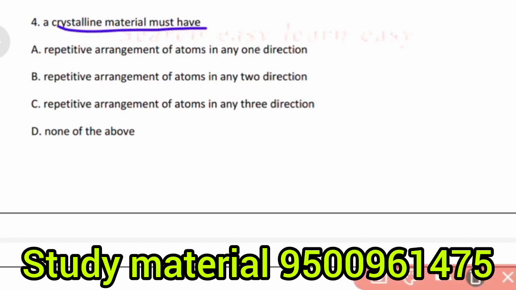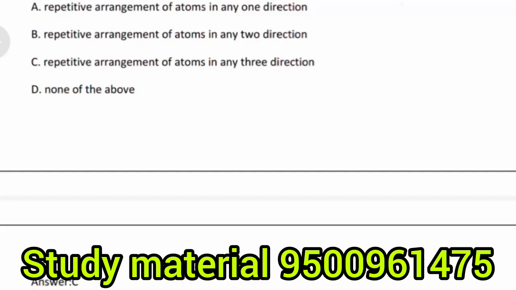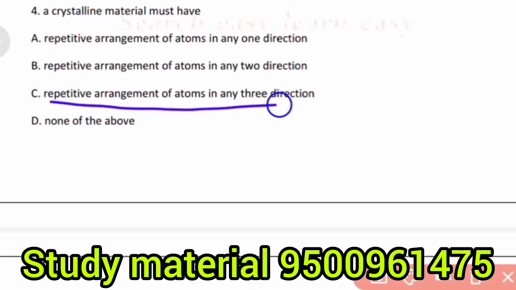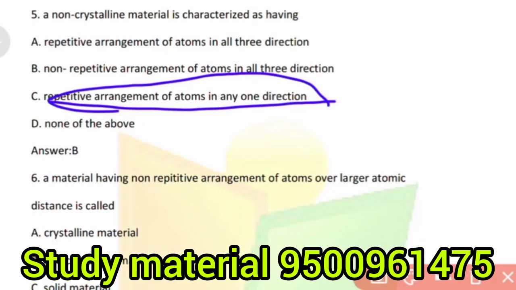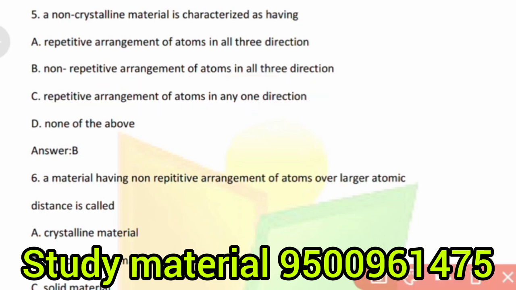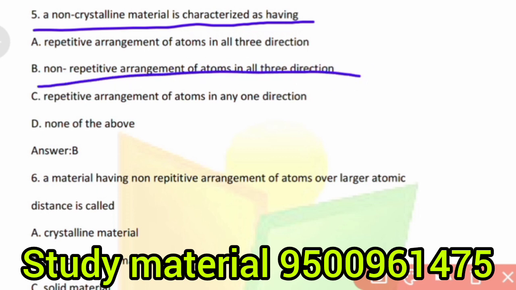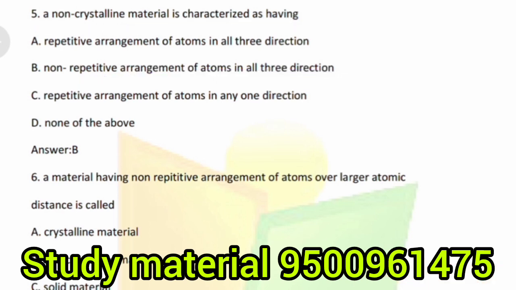A crystalline material must have, option C, repetitive arrangement of atoms in all three directions. A non-crystalline material is categorized as having non-repetitive arrangement of atoms in all three directions.